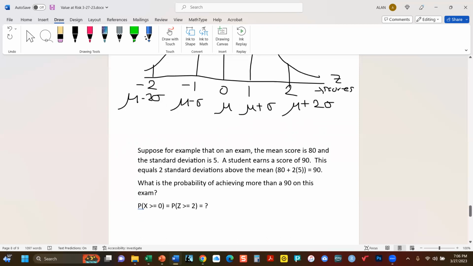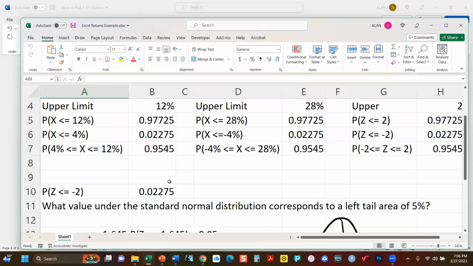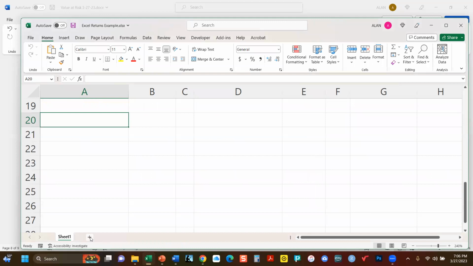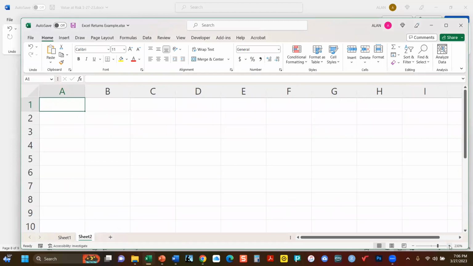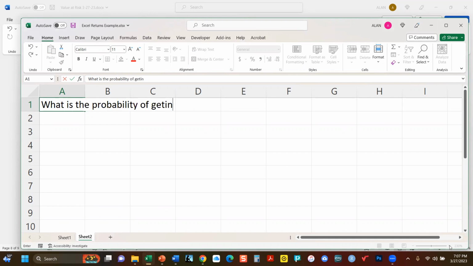Okay, so this is where Excel comes in handy. So we go to Excel, and let me start a new sheet here. What is the probability of getting a grade above 90?